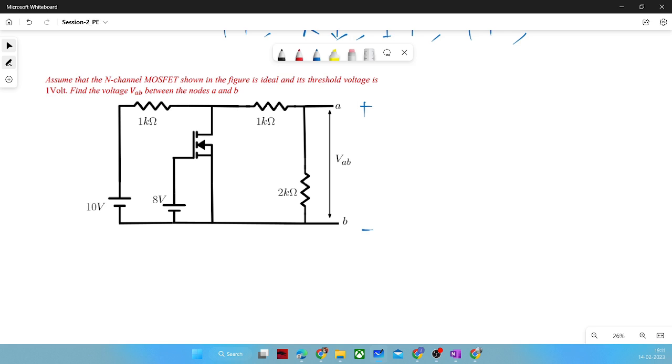Its threshold voltage is also given as 1 volt. So any idea which approach should we take?